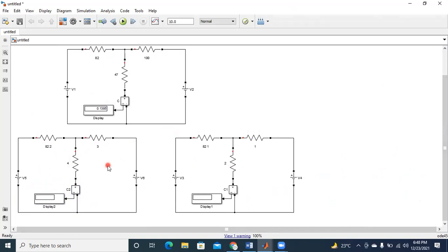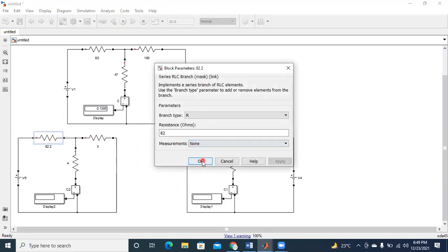My interest is to keep one source at a time. In the first circuit, I keep only V1 alone, and in this circuit, I keep V2 alone. Please understand one point: I didn't modify any element.